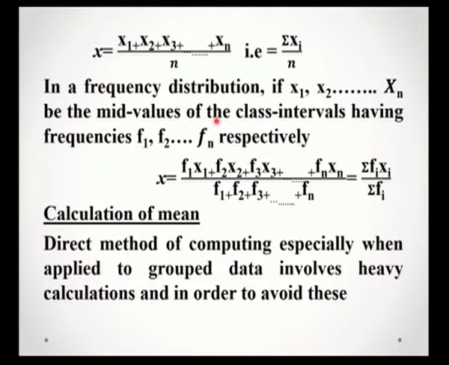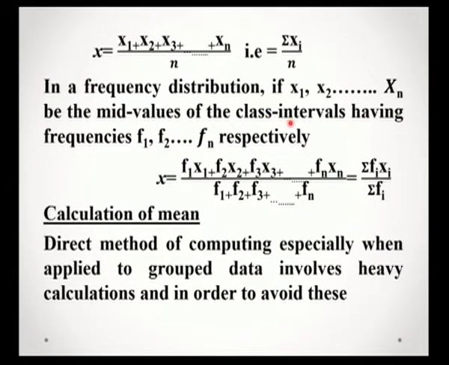Anything can be considered as a frequency distribution. If these x1, x2, etc., xn be the mid values of the class intervals having frequencies f1, f2, etc., fn respectively, then arithmetic mean, or simply mean in that case, can be computed using this formula.